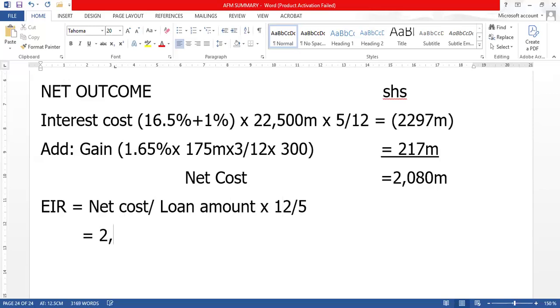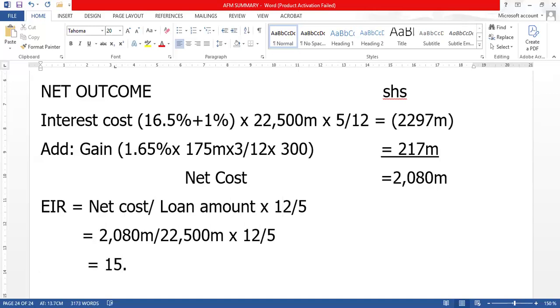It is 2 and 7 million divided by 225 of this, then times this. Do you get the same answer, the effective interest rate? 15.85.